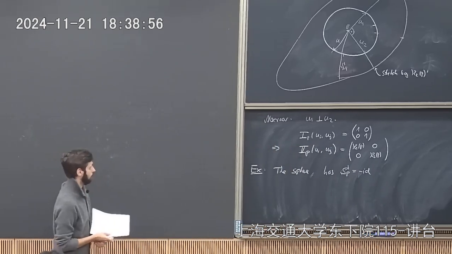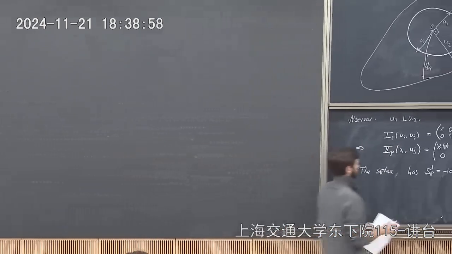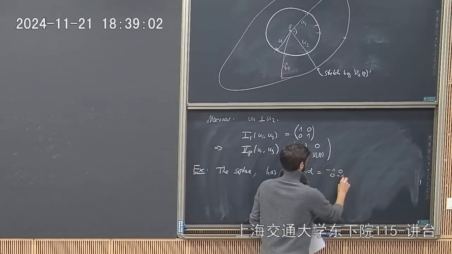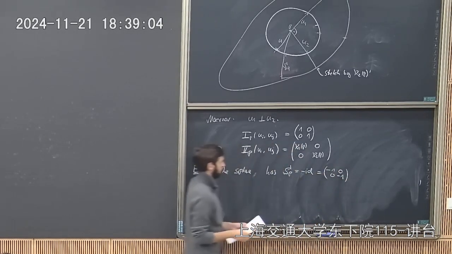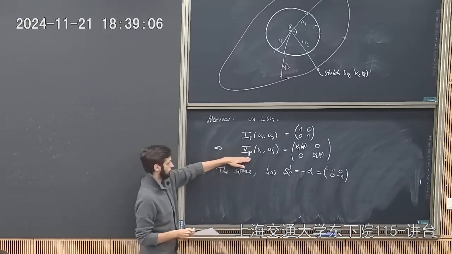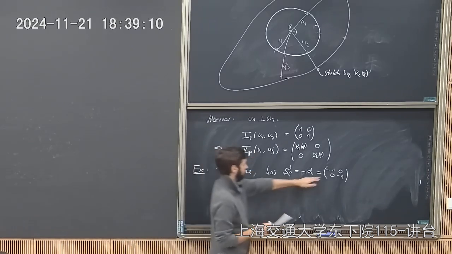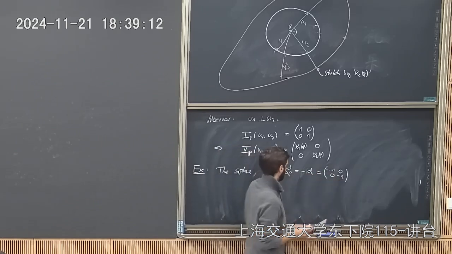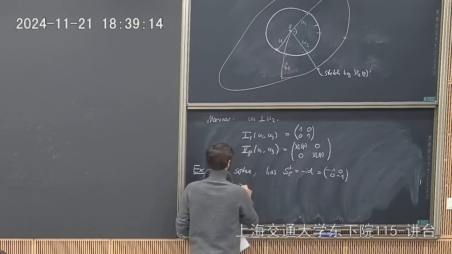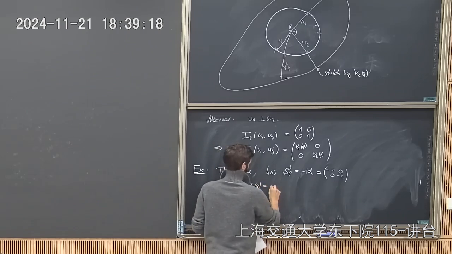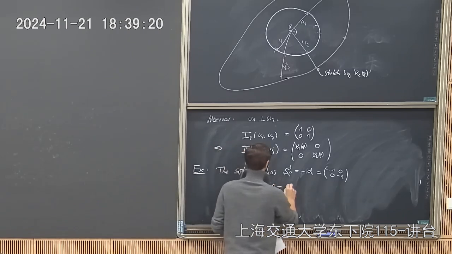So this one is minus 1, 0, 0, minus 1, so we can read off that it's already in this particularly nice form, and we can see that kappa 1 of P equals minus 1 equals kappa 2 of P.